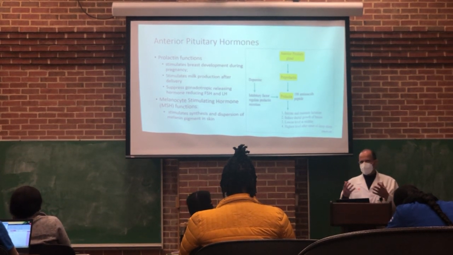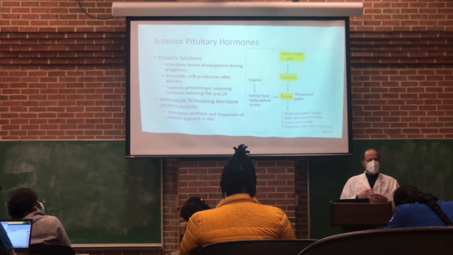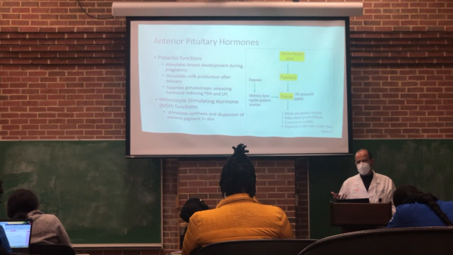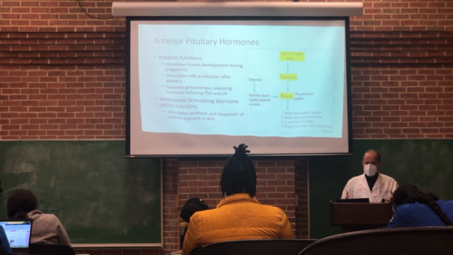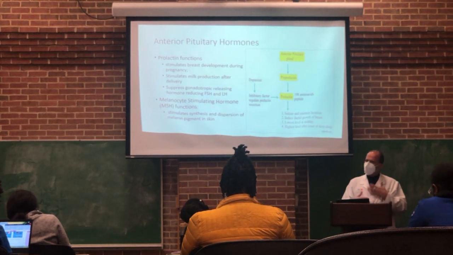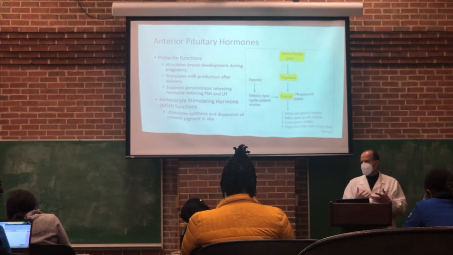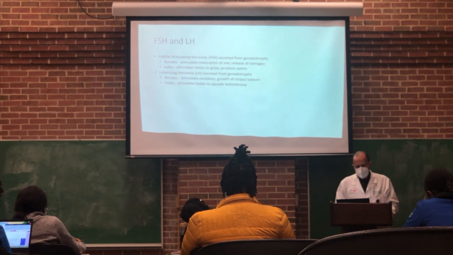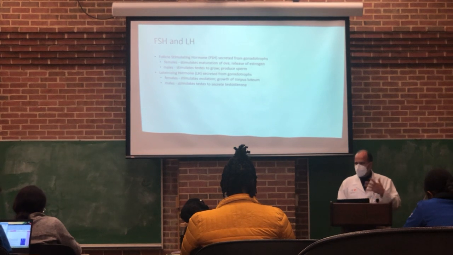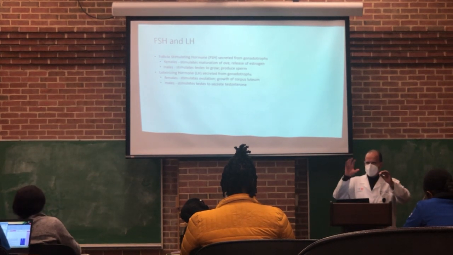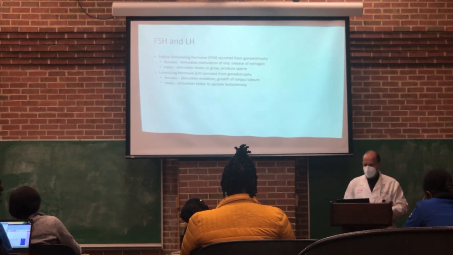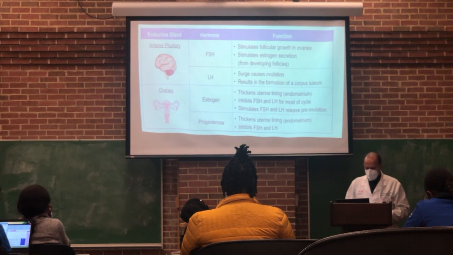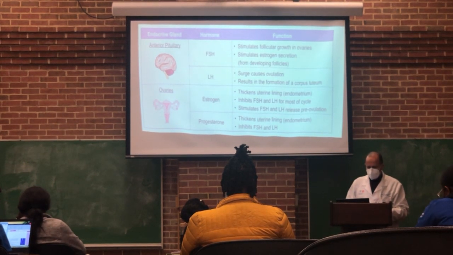Prolactin affects the milk production in the breast. So patients with prolactin secreting adenoma will have milk production in the breast, even if they are not breastfeeding. And as I said, I am making a table of their function, in both male and female.